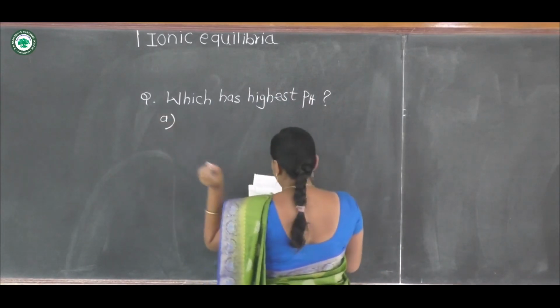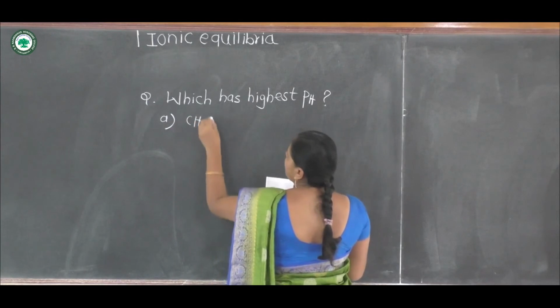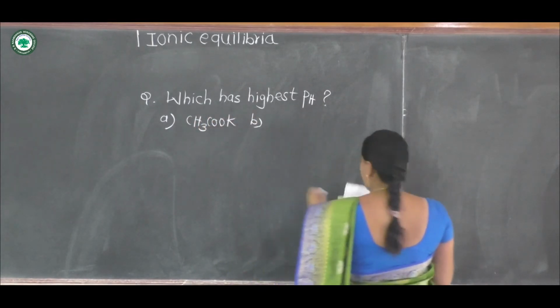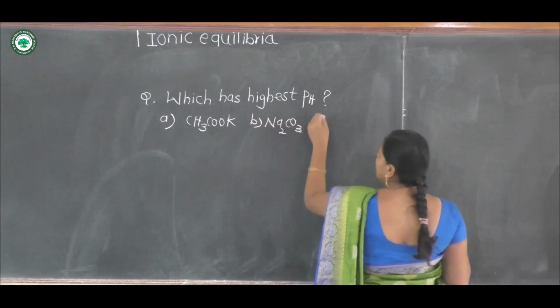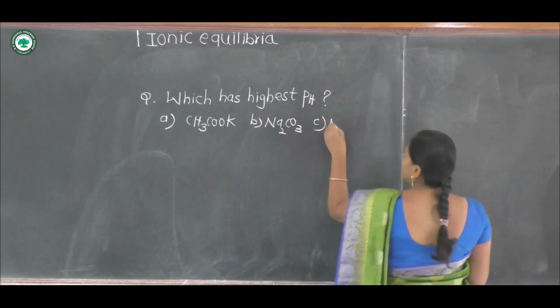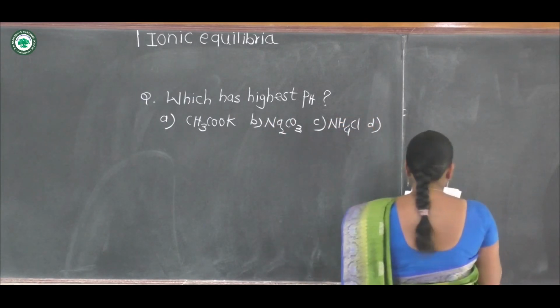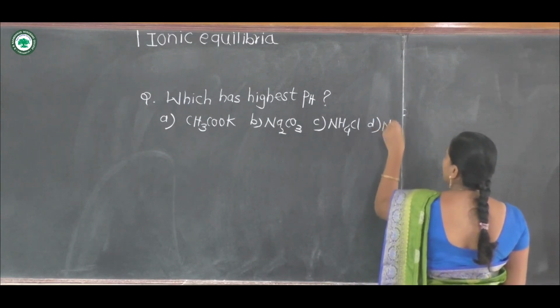Option A, potassium acetate. Option B, sodium carbonate. Option C, ammonium chloride, and option D, sodium nitrate, NaNO3.